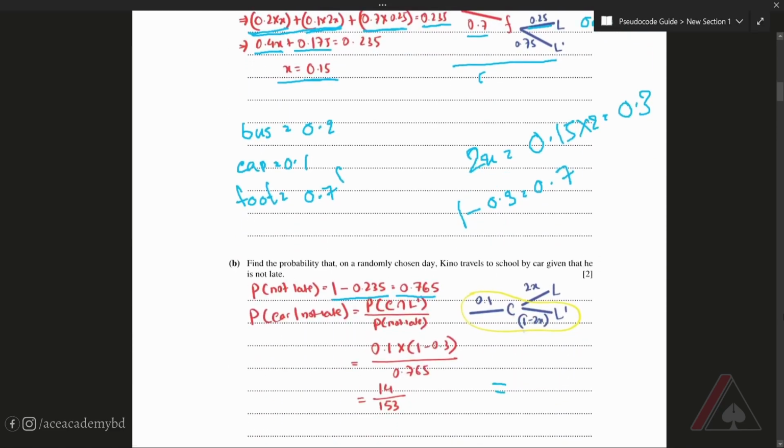So we take 1 minus 0.3 into the probability that he went by car. So we get this, which is the probability that he went by car and was not late, and then we divide by the total that he was not late. There we go, this value right here, and we get this fraction as a probability.